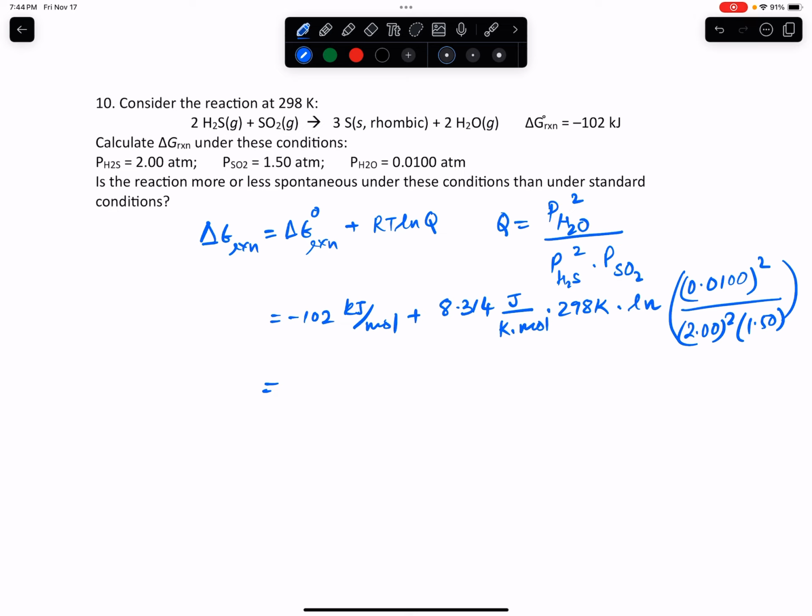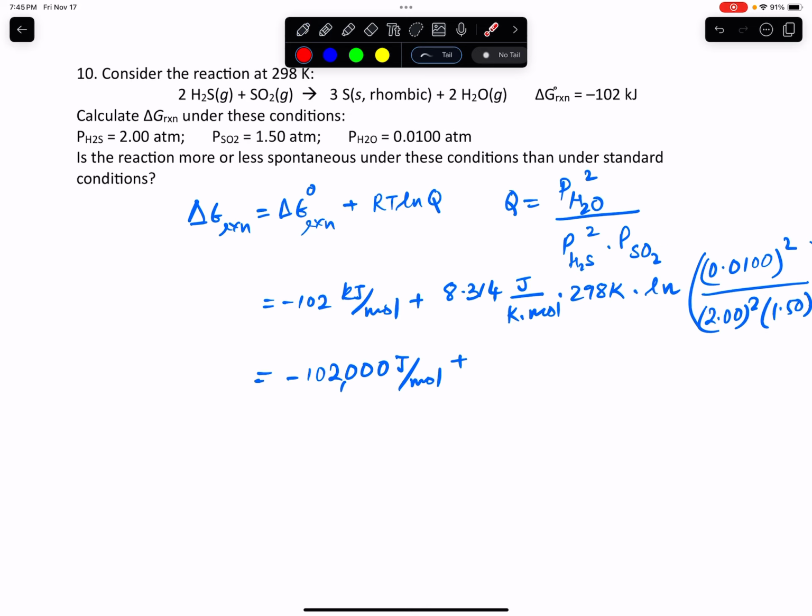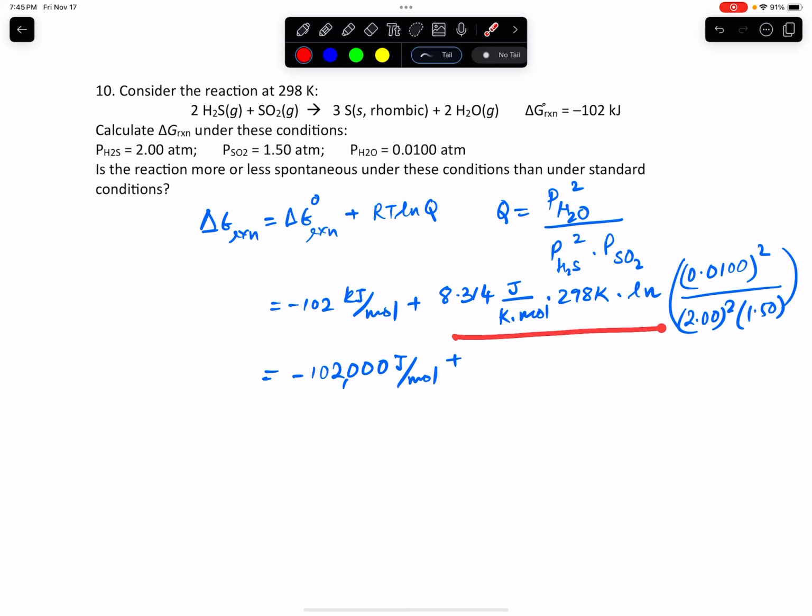So that's going to give us minus 102,000 joules per mole. And if we plug all of this into a calculator, we get minus 27,258.4 joules per mole.